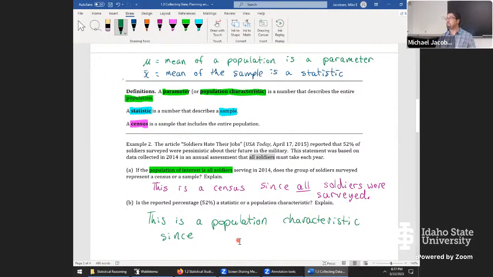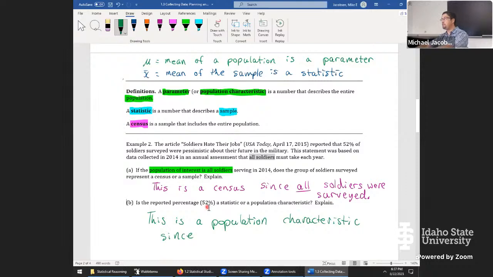Yeah, go ahead. If they interviewed a town and only the soldiers responded, would that be a sample then? Because the population would be everyone in the town. So you're saying you're only sampling soldiers from a specific town? Yeah, in that case, we no longer have a census.